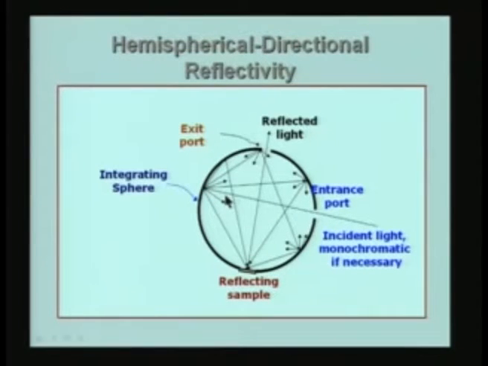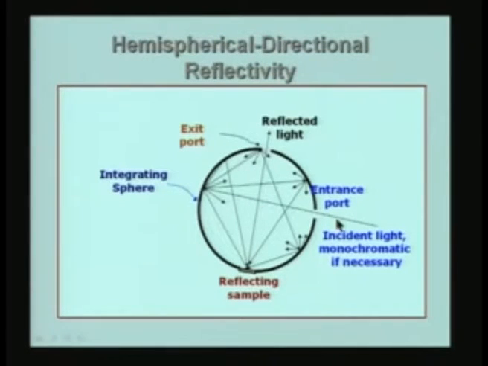Because of the high reflectivity of the surface, most of the light is going to be reflected, and if you follow what happens to the one which is reflected in this particular direction, it goes there, again falls on another part of the sphere, gets reflected in all directions, and again one of them comes here and gets reflected at this point, and then essentially it falls on the reflecting sample after several reflections.